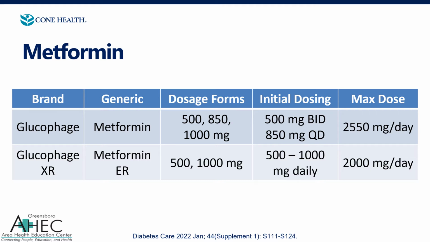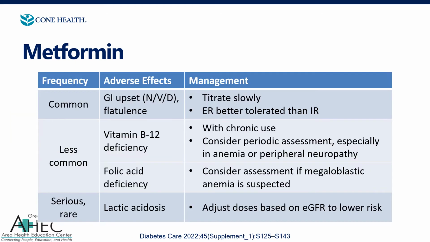The cardiovascular benefit that is seen with metformin is seen at the dose of 1,700 milligrams per day. The extended release version is really useful to help decrease the risk of adverse effects that are commonly experienced with metformin, although which agent is selected sometimes depends on affordability.